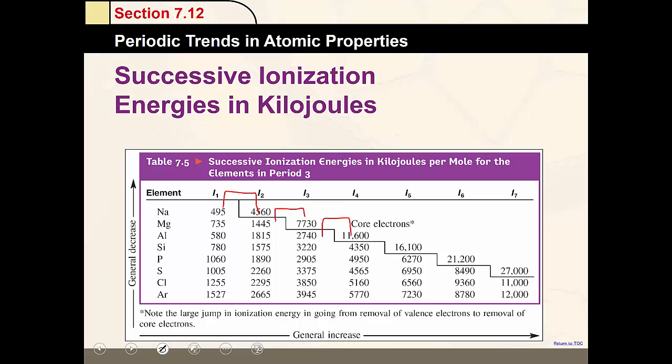Aluminum has 3 electrons, so there's a huge jump from 3 to 4, and so on and so forth. So you should be able to identify what group an atom is in by looking at that large jump in ionization energy as you go from removing a valence electron that's farther away to removing a core electron that's closer to the nucleus.